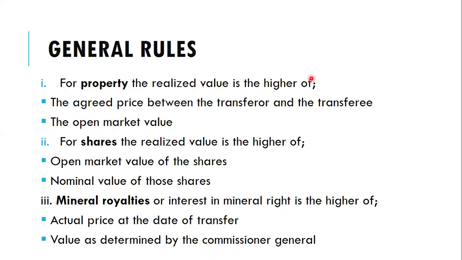The higher of simply means the one which is higher between these two. So the higher of the two is the one that we recognize as the realized value. And the property transfer tax rate is charged on that particular amount.